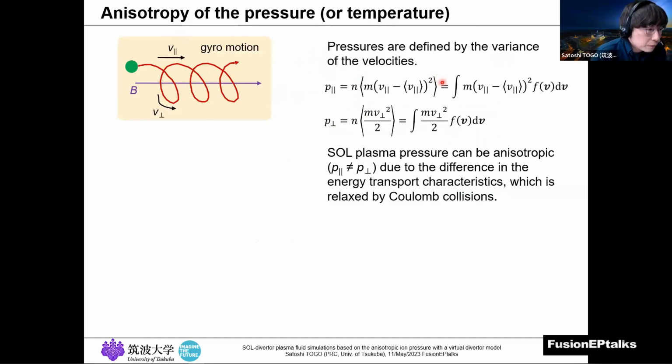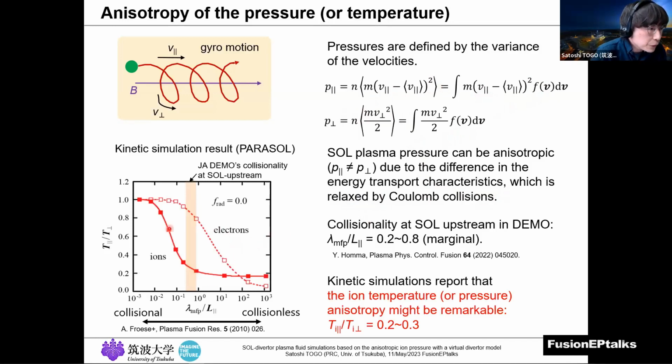By introducing the velocity distribution function F, P-para and P-perp are defined by these formulae. And please note that SOL plasma pressure can be anisotropic due to the difference in the energy transport characteristics. And the anisotropy is relaxed by Coulomb collisions.